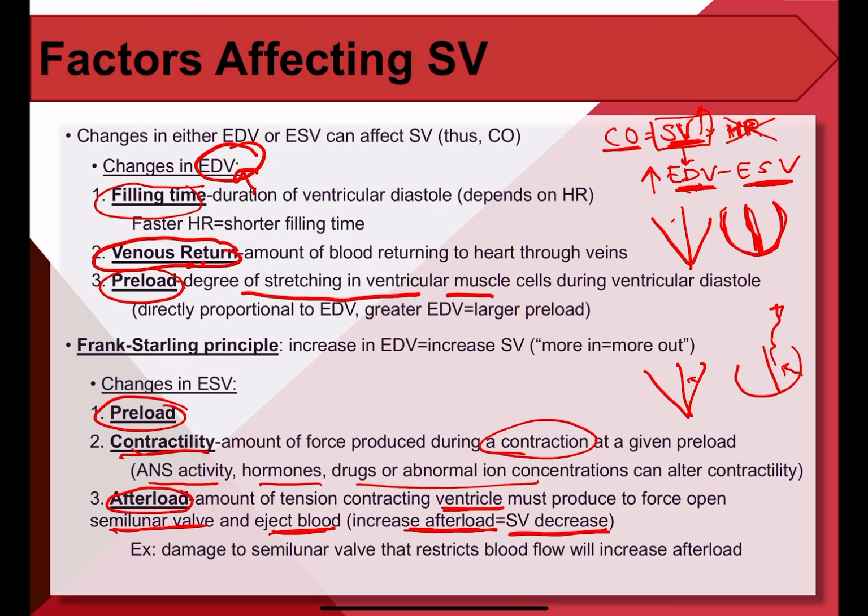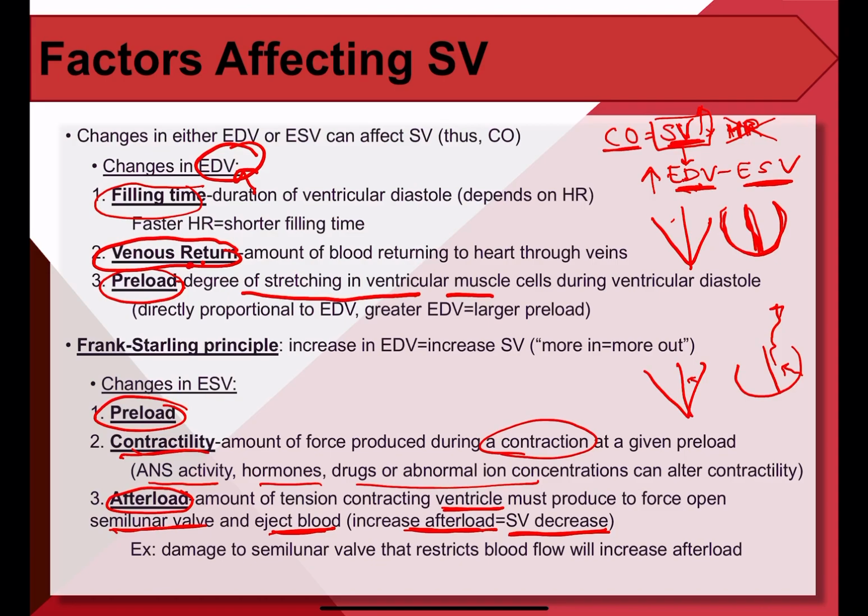Remember I talked about malformation of valves? Sometimes malformation or deformity of the semilunar valves can make it harder to open those valves. It's harder to open the door because they're overlapping or there's a kink in there or something. So it takes more push to push that door open, kind of like trying to open a door that has a kink in it and you really struggle to open it.